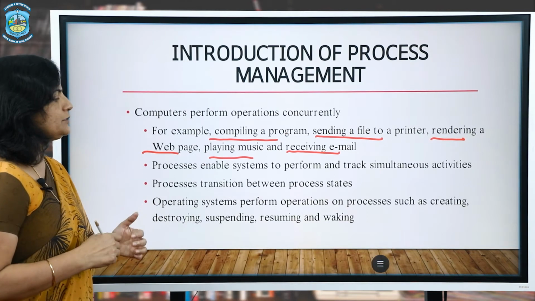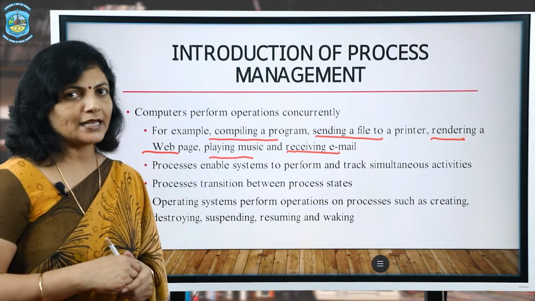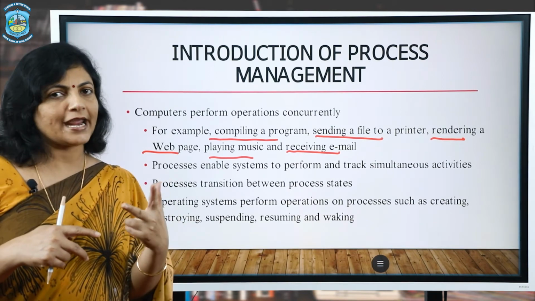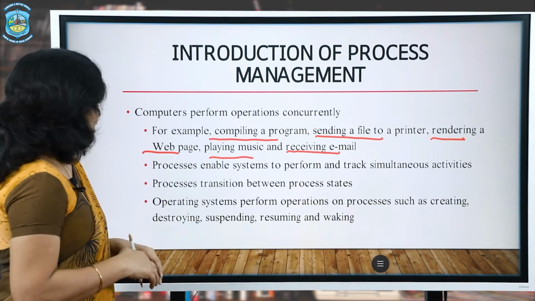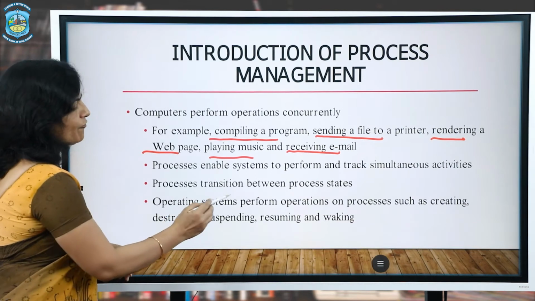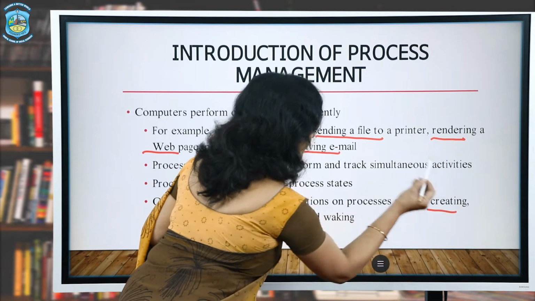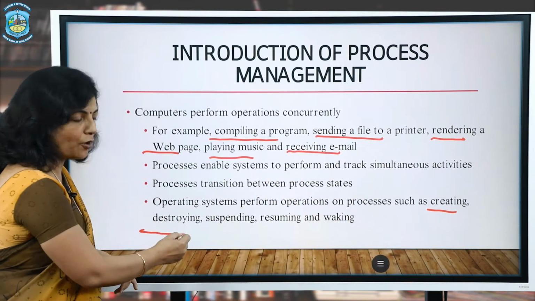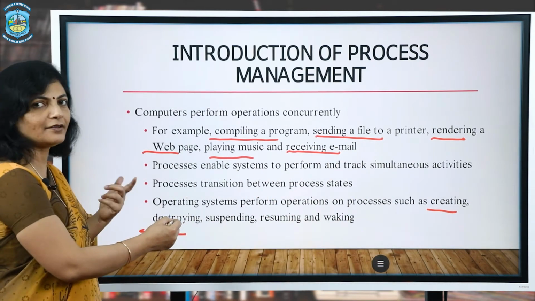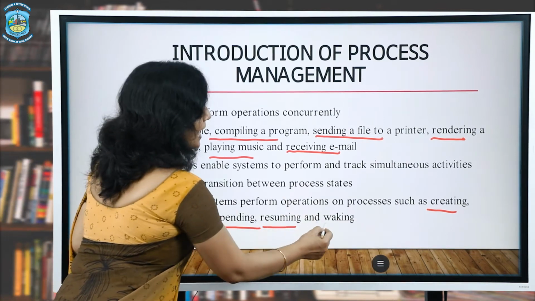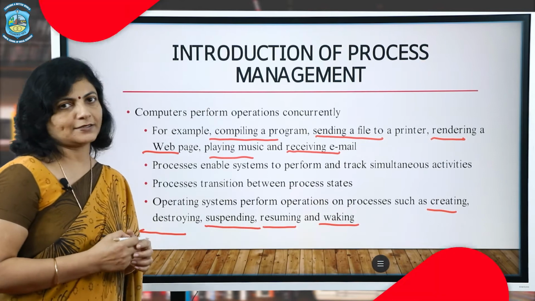Processes transition between process states. There is a transition that takes place between two states of a process. The operating system performs operations on processes such as creating a process, destroying a process, or we can say terminating a process, suspending, resuming and waking of a process.